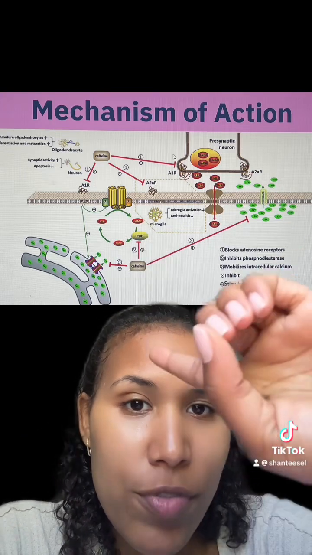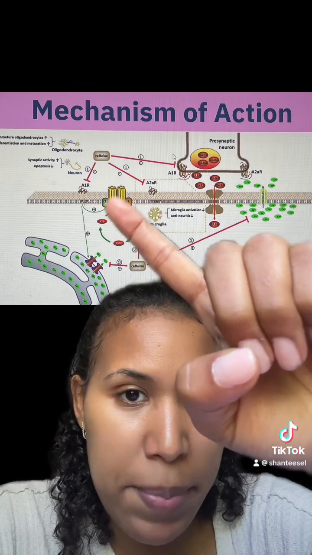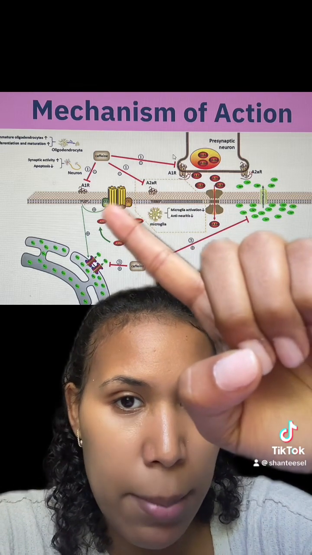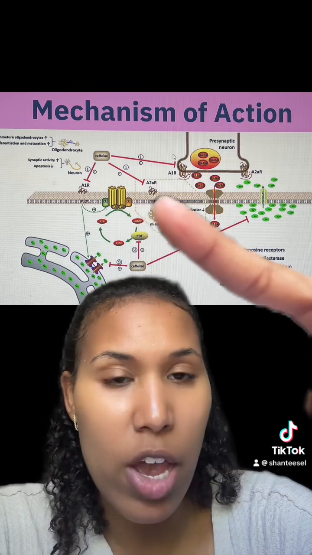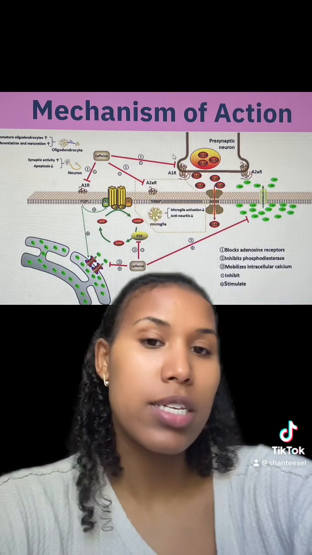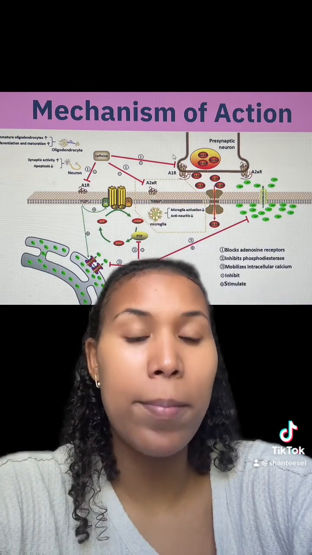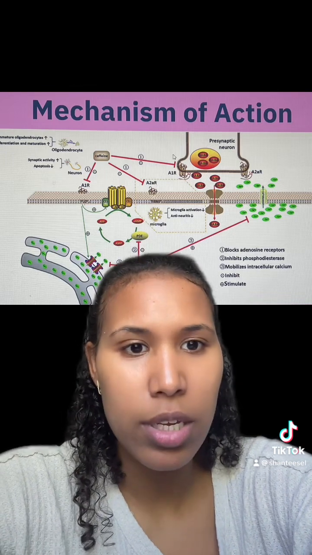So, in the above photo, you can see caffeine binding to these two kinds of receptors, the A1R as well as the A2AR. And what that does is it prevents adenosine from binding to those receptors.